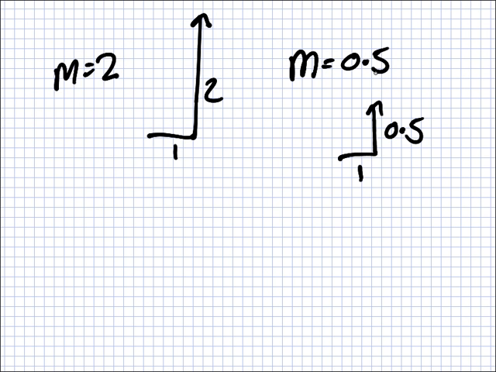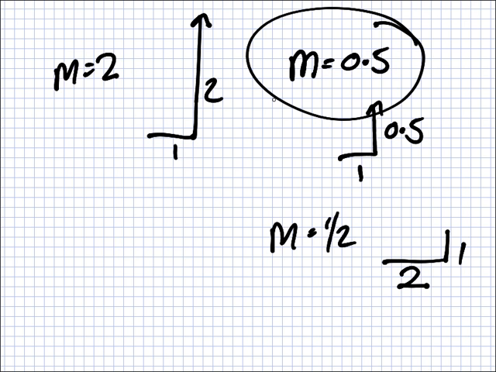That's the meaning of m. Or, another way to think about it is you have to go out 2 to go up 1. But I kind of like thinking about it the first way. It's not confusing. So if m is a half, if I go out 10 units, how far up will I go, for example? 5, as an example.